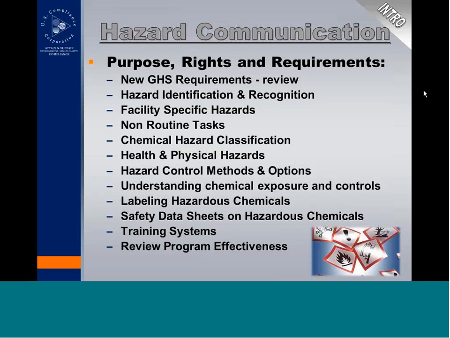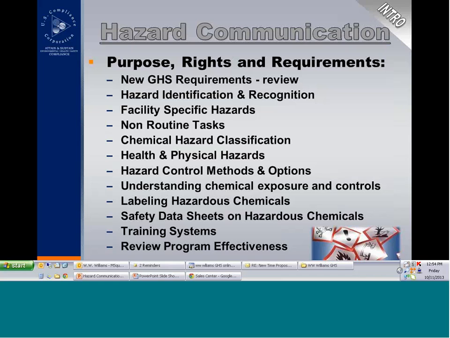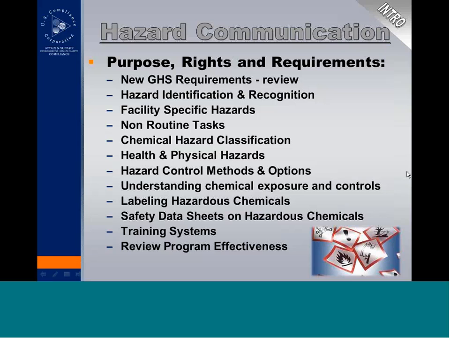We'll discuss chemical hazard classification, as well as the difference between health hazards versus our physical hazards. We'll review some methods for hazard control, understanding chemical exposure limits and controls, labeling of hazardous chemicals, safety data sheets, training systems, and program effectiveness.